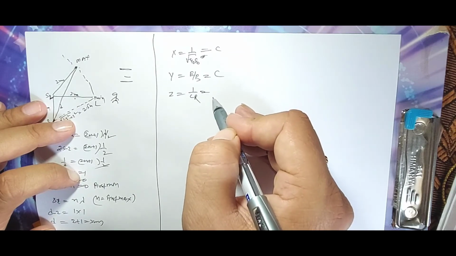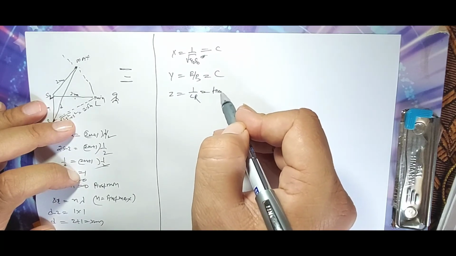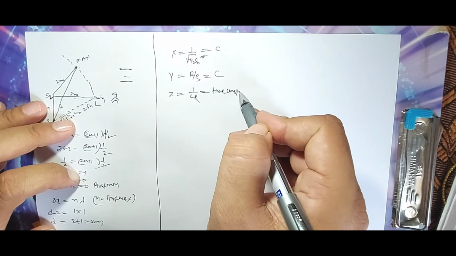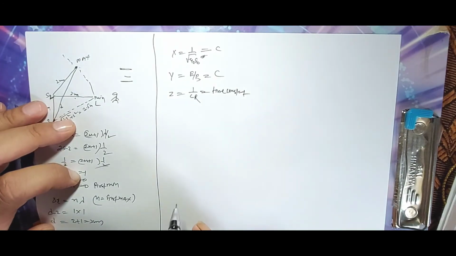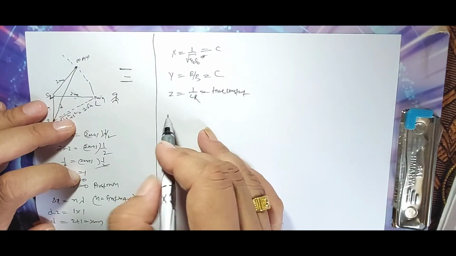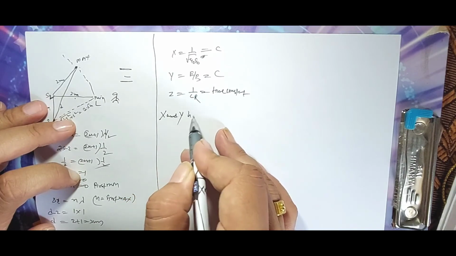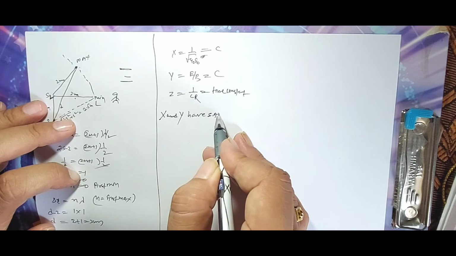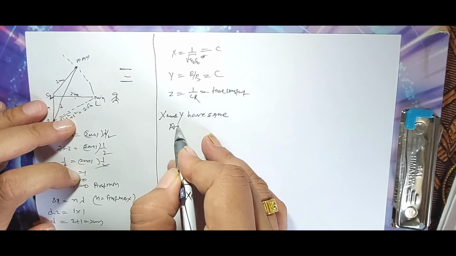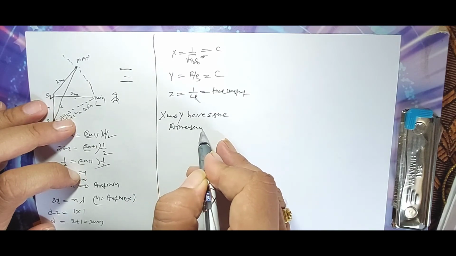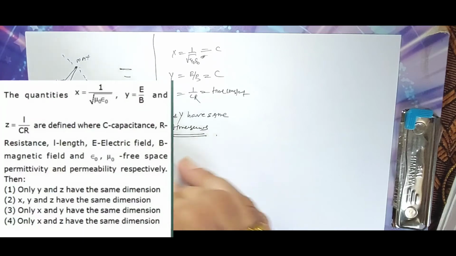This z is the time constant in a CR circuit. So, clearly we can conclude that x and y have the same dimensions. So, our correct option is option 3.